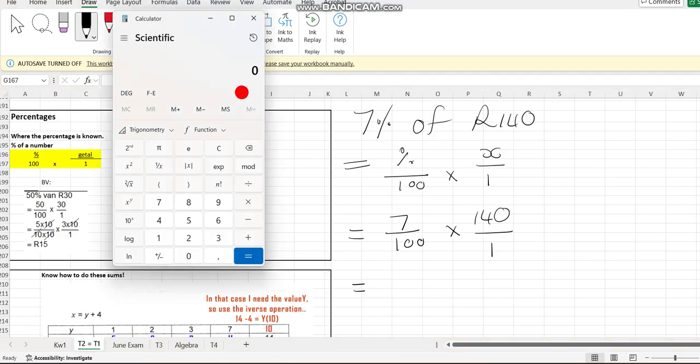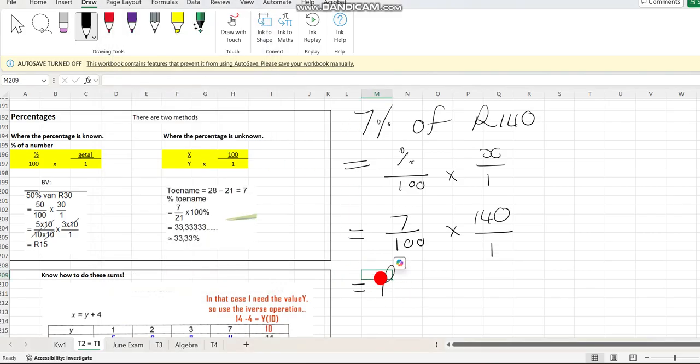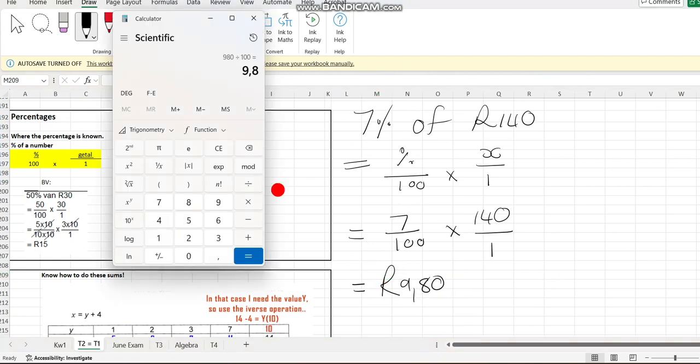And then if you take your calculator, you could do it either way. So 7 times 140 equals, and then divide by 100. And that will give me 9.8 Rand.